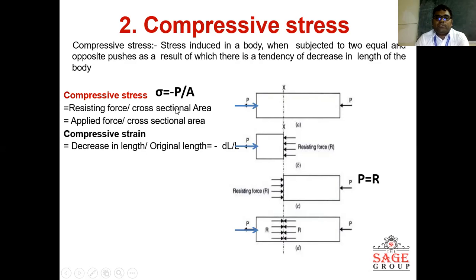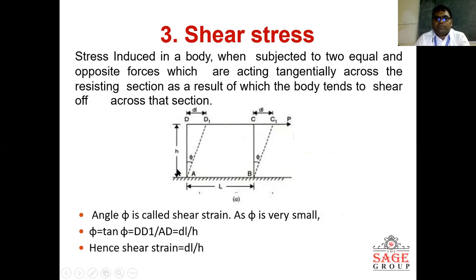So resisting force upon cross sectional area and applied force upon cross sectional area are both the same at equilibrium, and decrease in length upon original length will produce the compressive strain and compressive stress. Compression can be represented with a minus sign. And the last one is the shear stress.